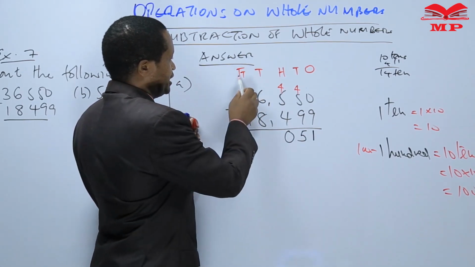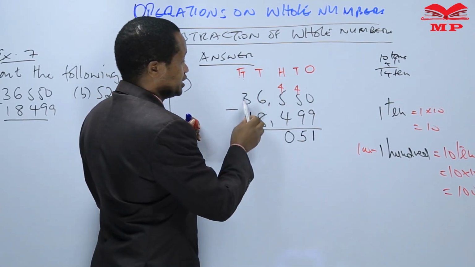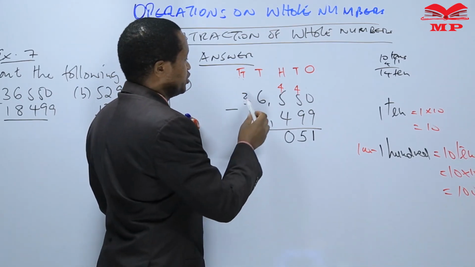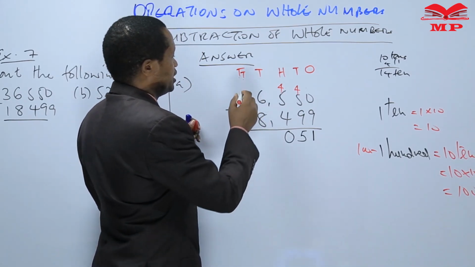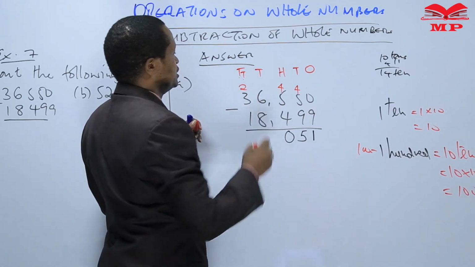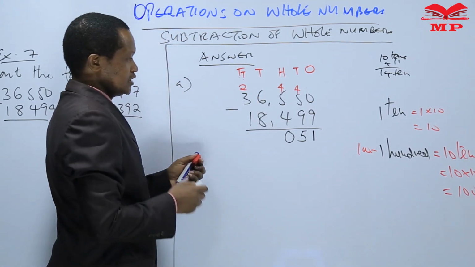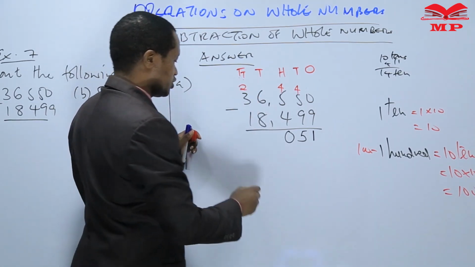Again, we have to borrow from the 10,000s. We have 3 10,000s. After borrowing 1, we'll have 2 10,000s.